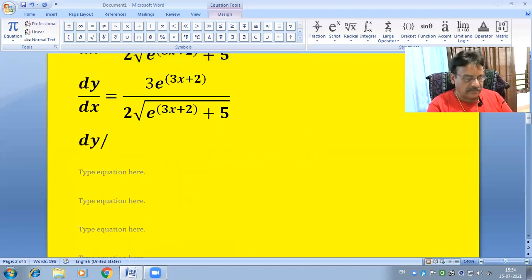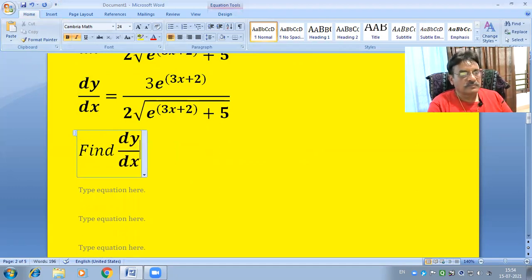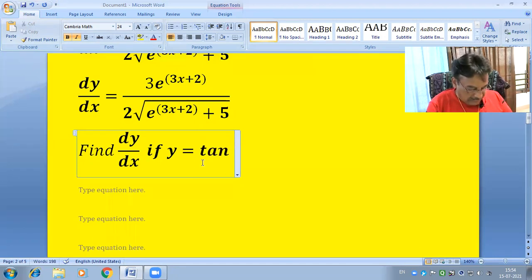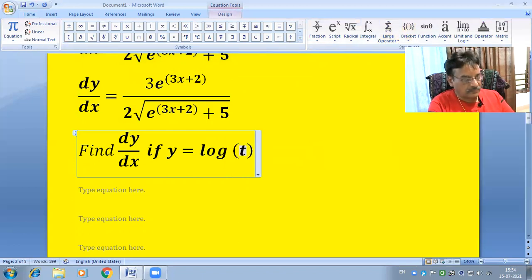So here we find dy by dx, if y is equal to log of 10x by 2.